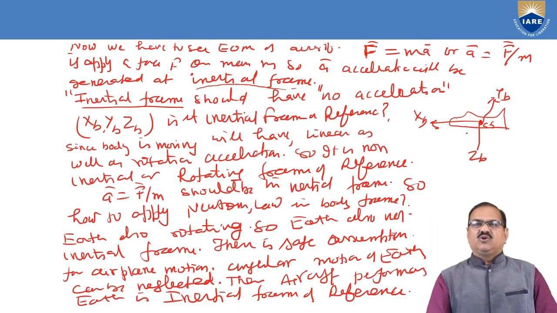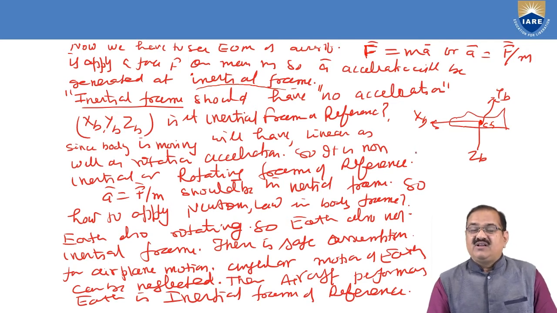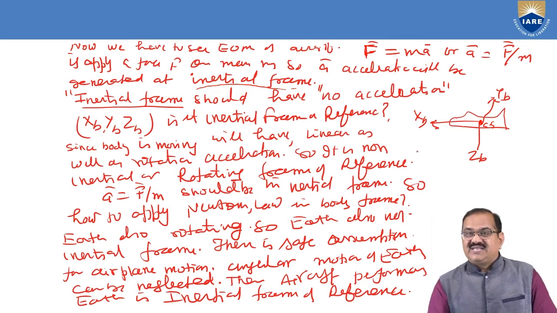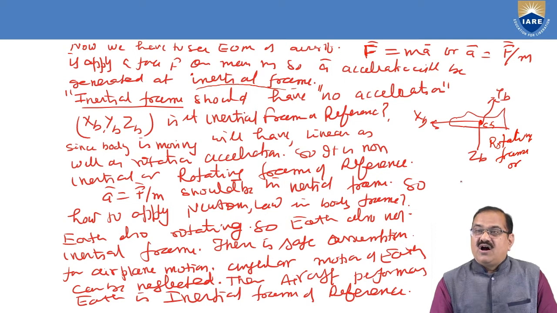Since the body is moving, it will have linear as well as rotational acceleration. So it is a non-inertial or rotating frame. So this body axis is a rotating, non-inertial frame.